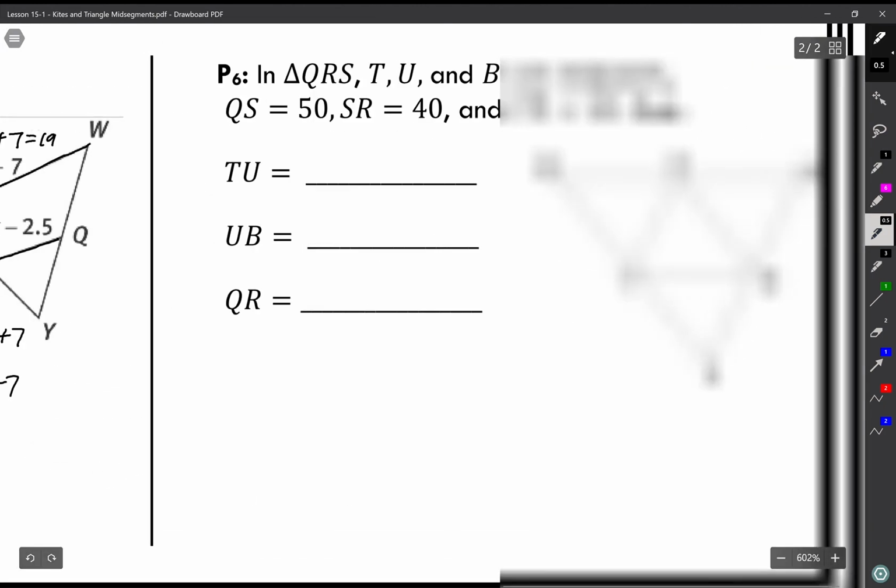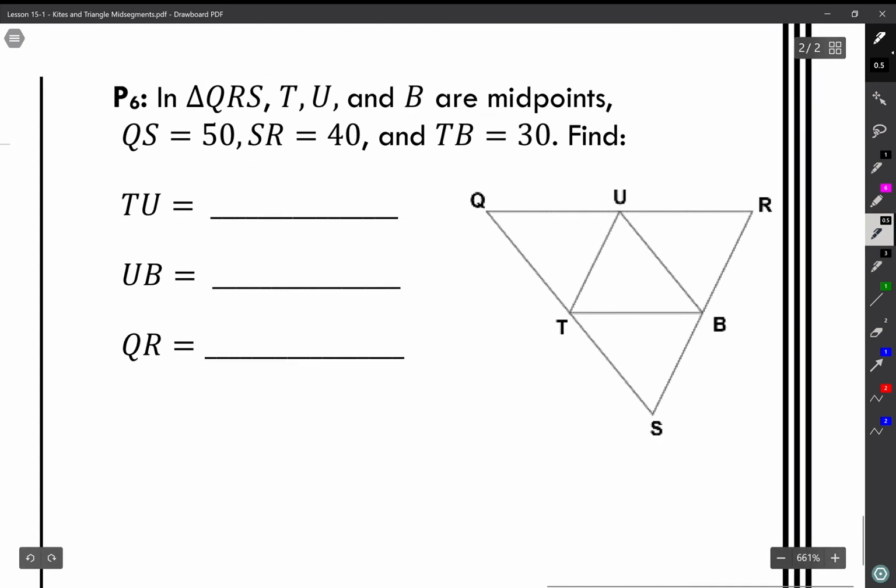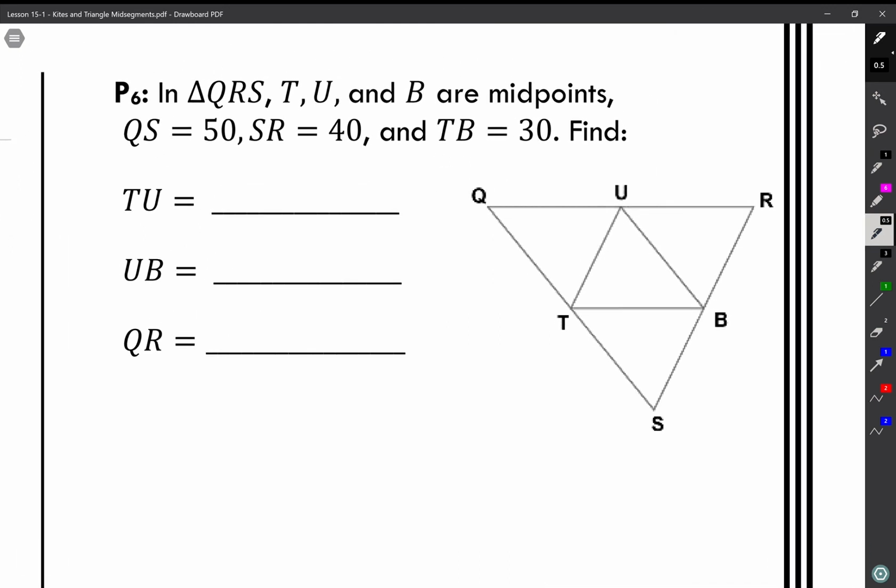So problem 6 and our last problem for this video is this. We have triangle QRS, and we know that T, U, and B are midpoints. That tells me that these lines that we've drawn right here, TU, UB, and TS, are midsegments.